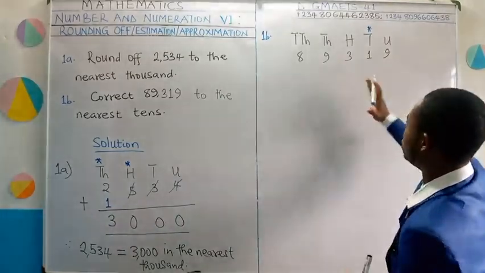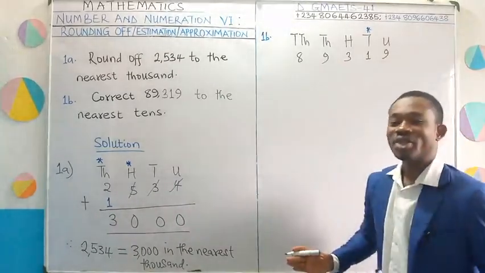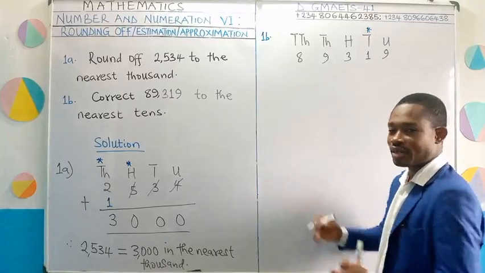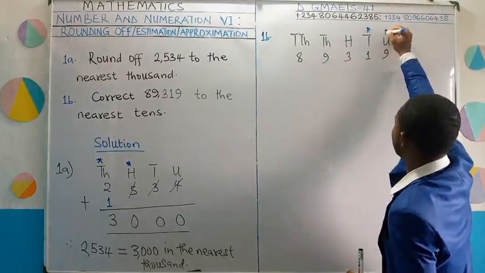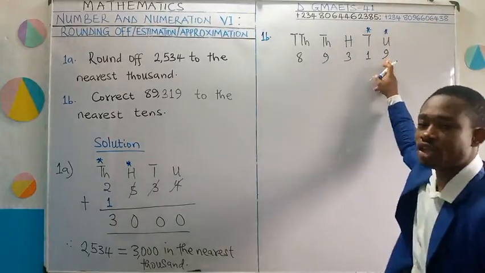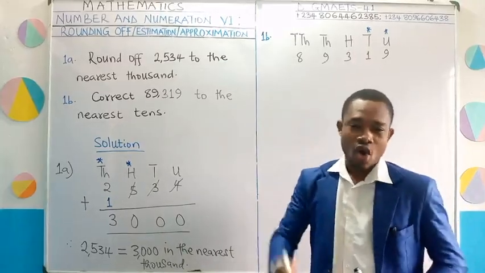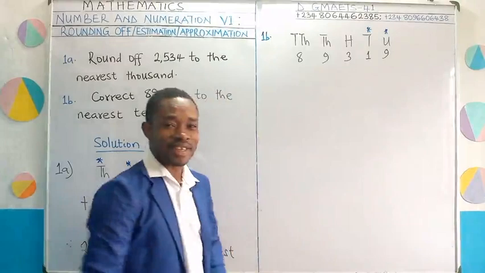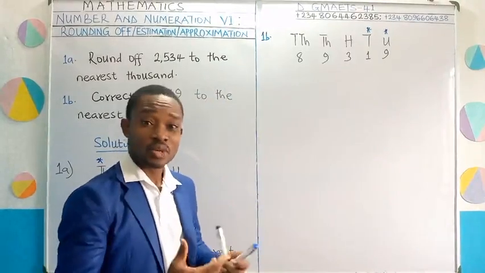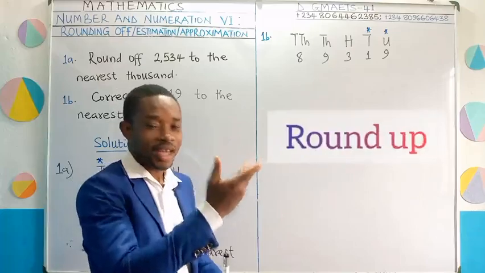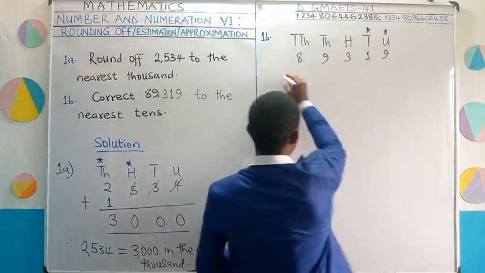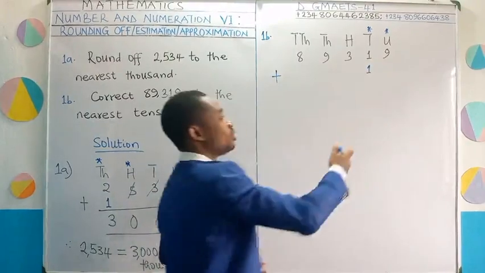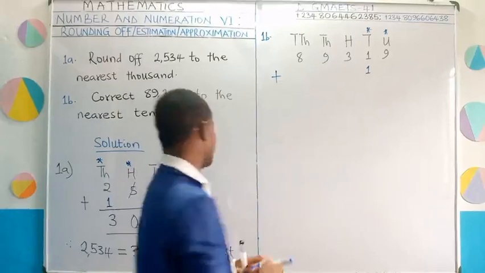And then you check the place value to its right hand side, which of course is units. Ask yourself the number under units, is it up to 5 or less than 5? And good enough, you can see there that the number is 9, even more than 5. So you round what? Up. And how do you round up? Simply come and add 1 to the tens place value that you are rounding off into.